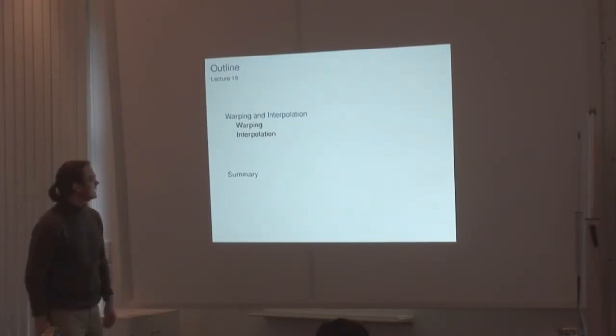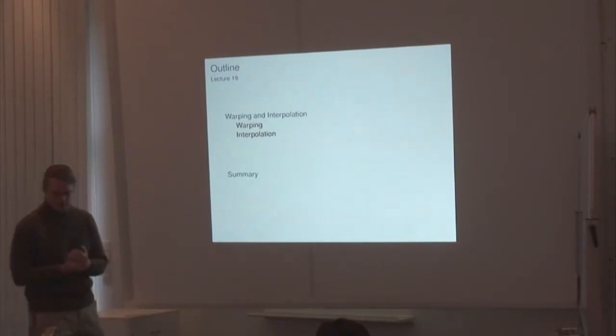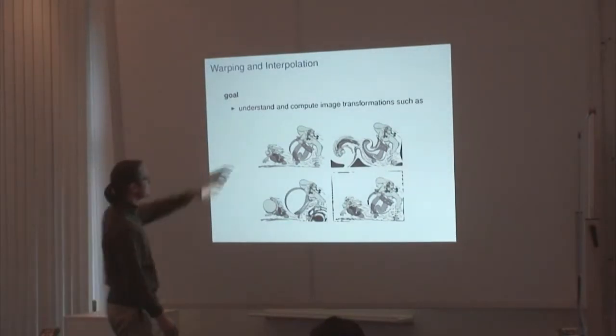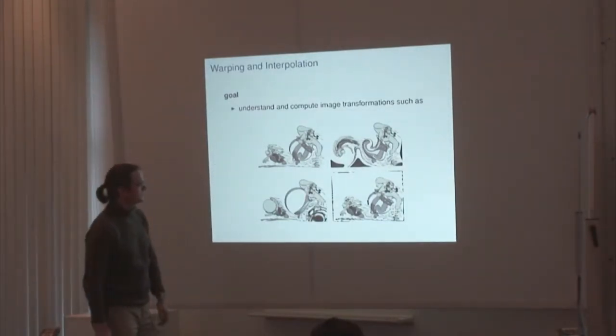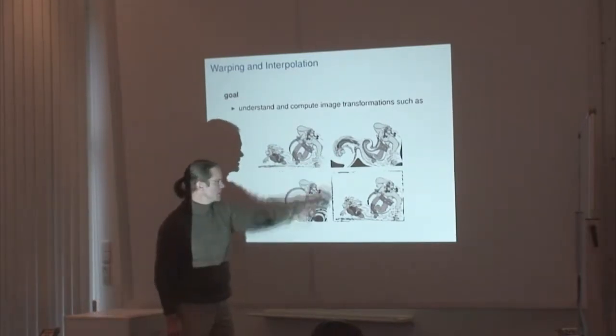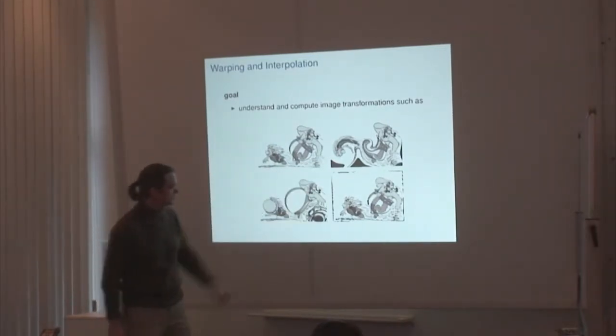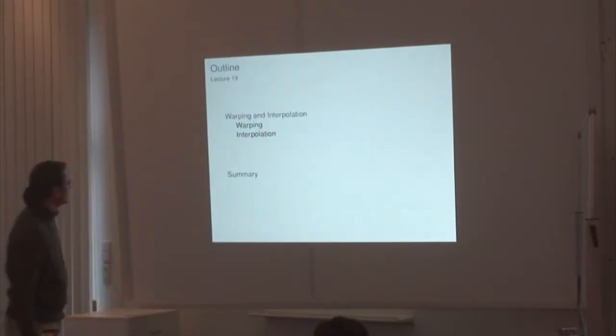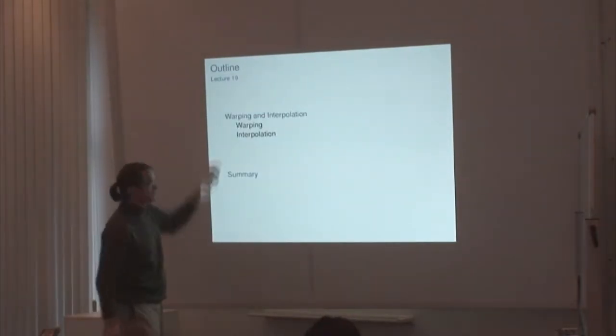But in order to really compute image warps, things like these, so if this is the original image, and we want to do crazy stuff with the images, like, say, as in here, or in here, or in here, we have to understand the notion of interpolation.